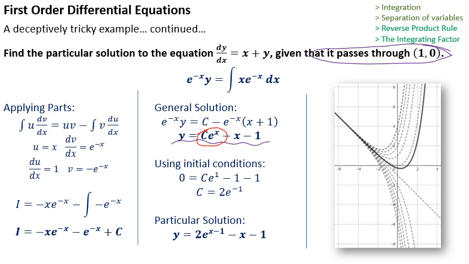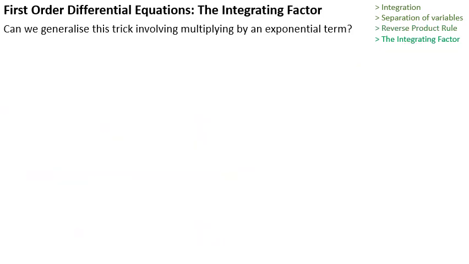And we'd be left with a function which basically looked a lot like just minus x minus 1. And that's why all of those curves converge towards the line y equals minus x minus 1 as x tends towards negative infinity.